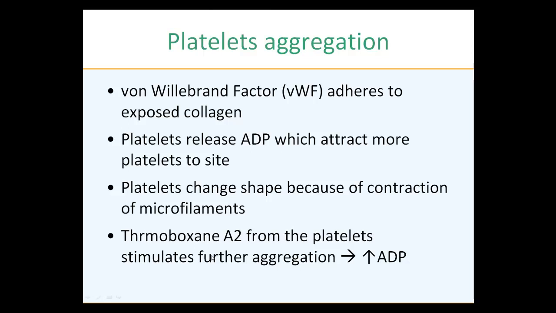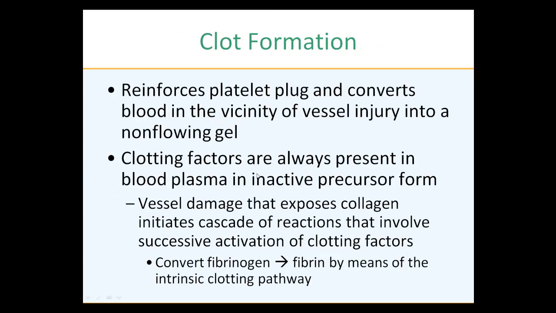Thromboxane, which is also a product from the platelets, will stimulate further aggregation of the platelets, and when you have further aggregation, you will have even more ADP, and that is an example of the positive feedback we have.